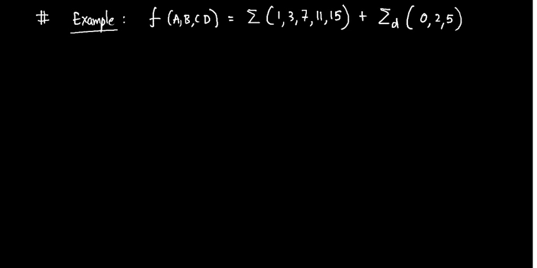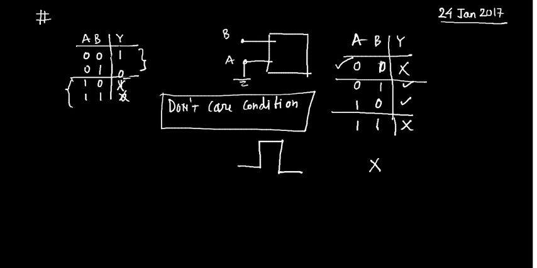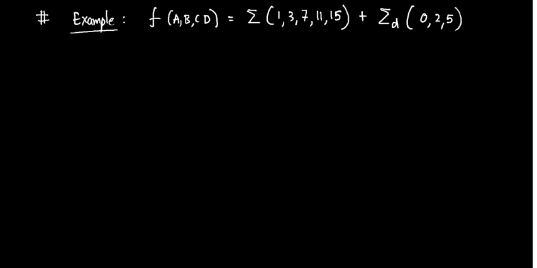Earlier, whenever we needed to place 1, we marked them as 1, but whenever there were zeros, we didn't mark them, we simply kept them blank. But in certain conditions, whenever the x is there, it may be 0 or it may be 1, we don't care. That means we are restricting ourselves only to specific outputs.